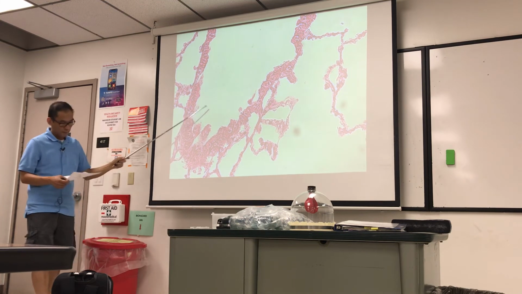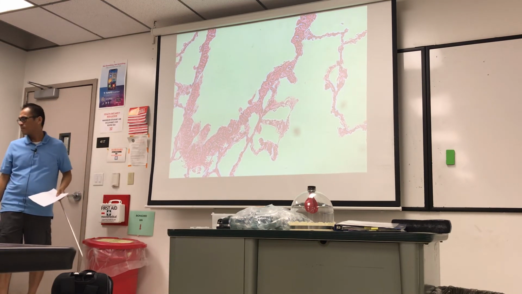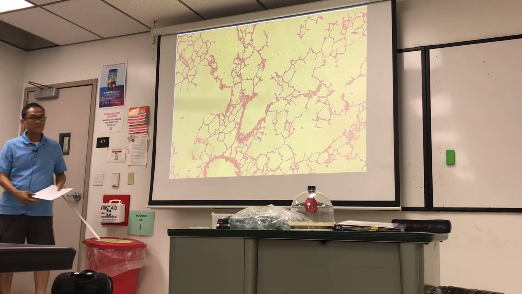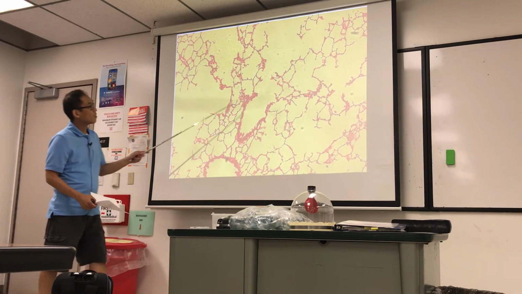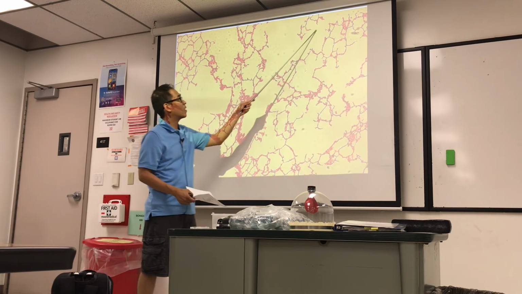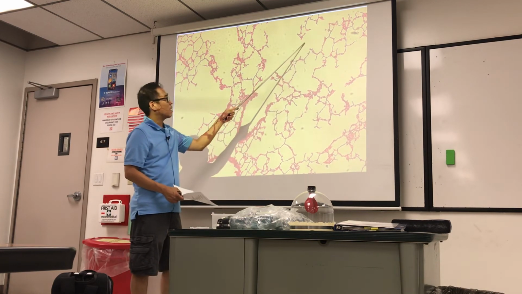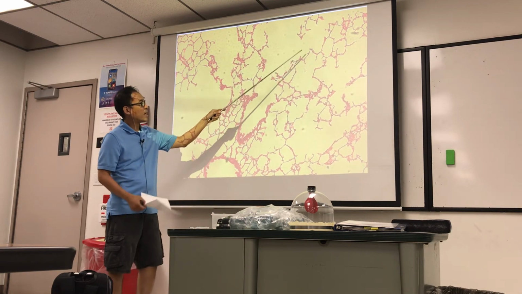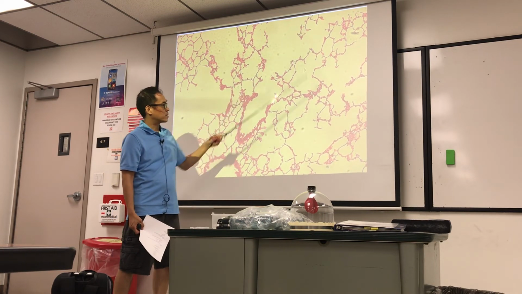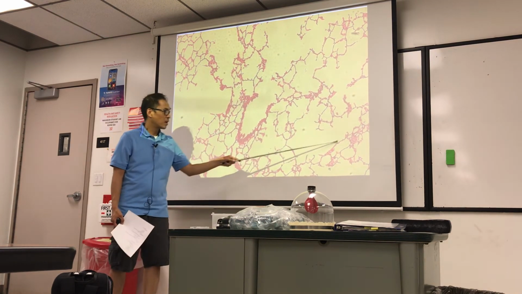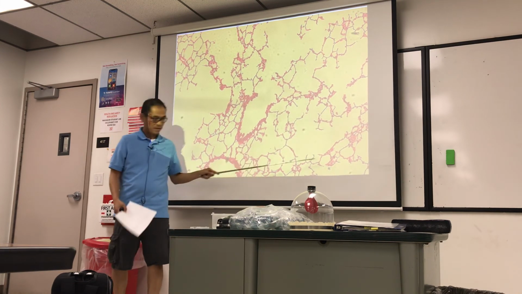So that's bronchiole. What if I point to inside here? Alveolar duct. If I point to any little room here, that's alveolus. This is a pretty good alveolar sac right there.